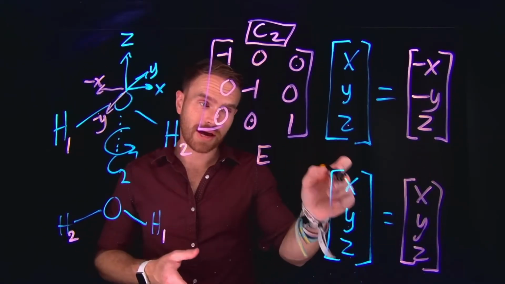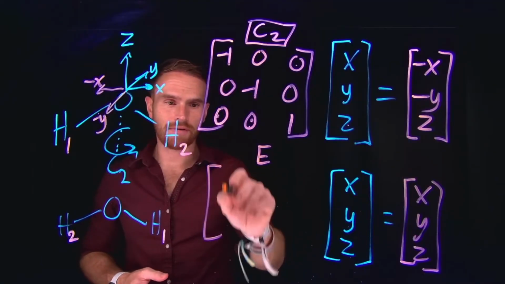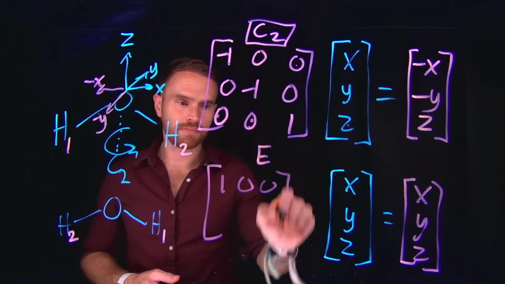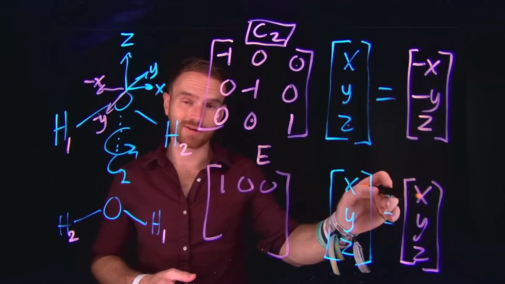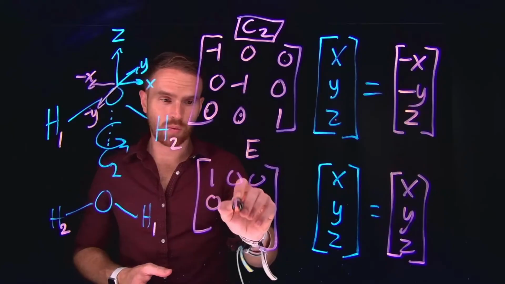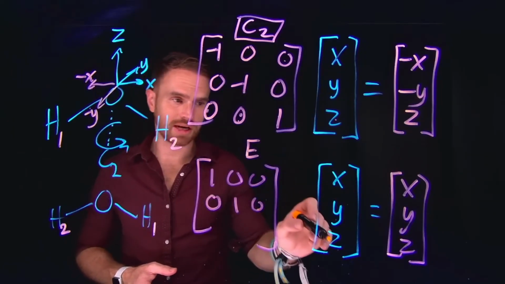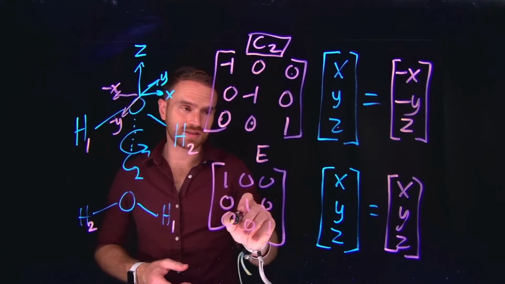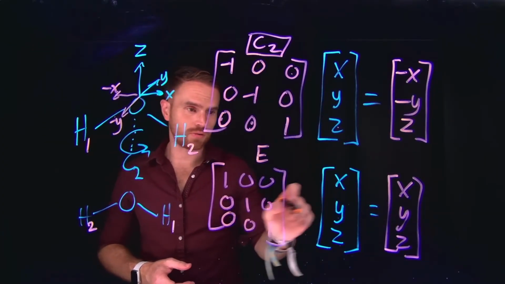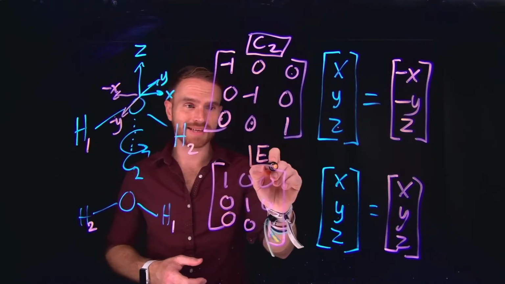So in order for x, y, and z to turn into an x, y, and z matrix, we should have a 1, 0, 0, because 1 times x plus 0 times y plus 0 times z is equal to x. Then we should have 0, 1, 0, because 0 times x plus 1 times y plus 0 times z equals y. And then finally, we should have 0, 0, 1, because 0 times x plus 0 times y plus 1 times z equals z. And this is the identity matrix.